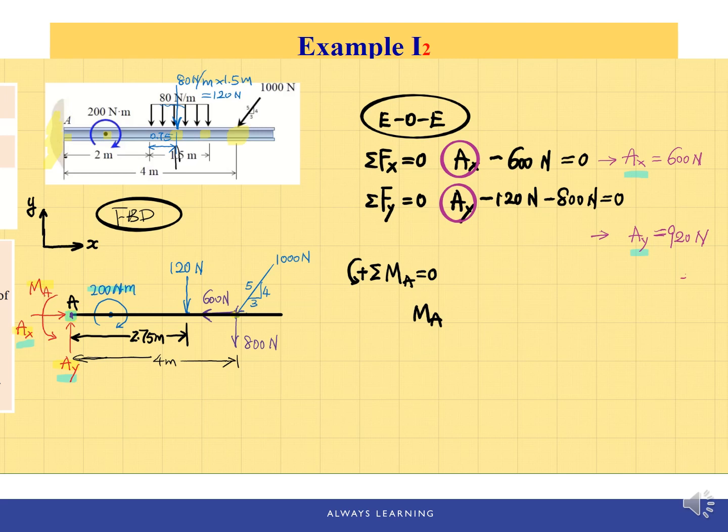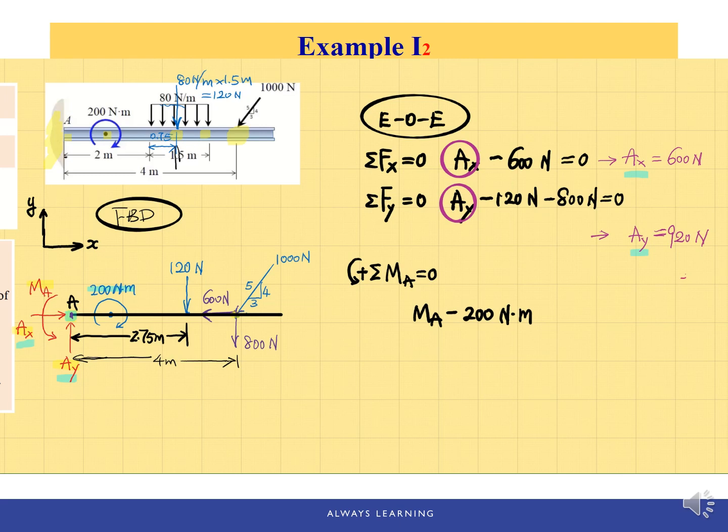Even if it's not located on point A, the effect about point A is the same. So we want to put this 200 Newton meter into our equation, but it will be a clockwise moment. So it's minus 200 Newton meter.